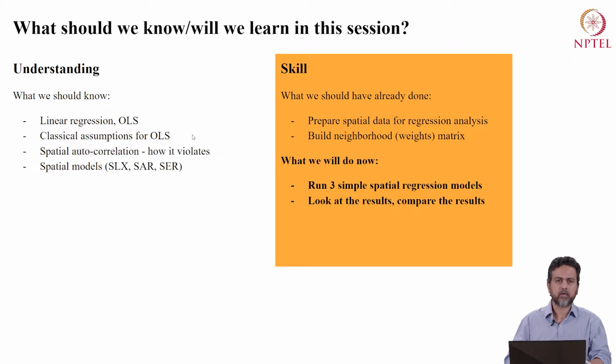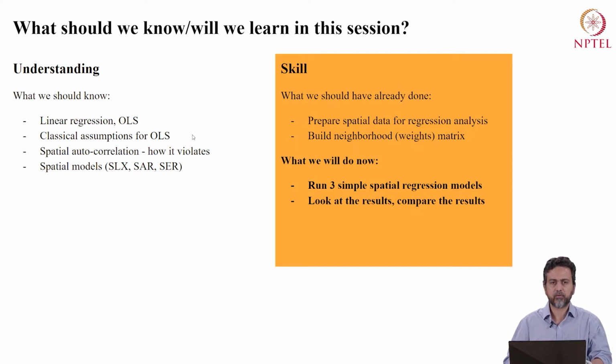So trying to combine climatic and anthropogenic factors to explain the groundwater level over a region of space in Uttar Pradesh. So we prepared this data and we built our neighborhood or weights matrix that is required to indicate the spatial relationships in our region. We need these two steps before we start running our regressions.